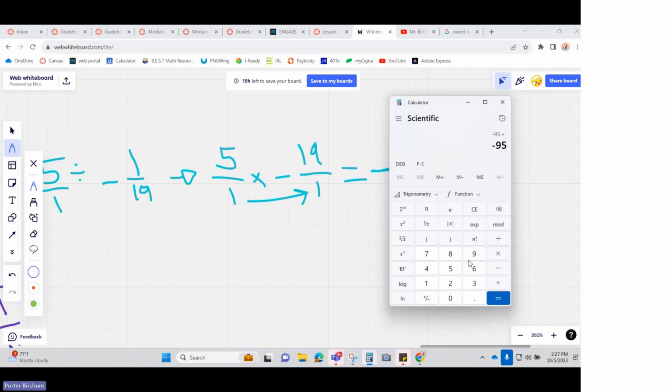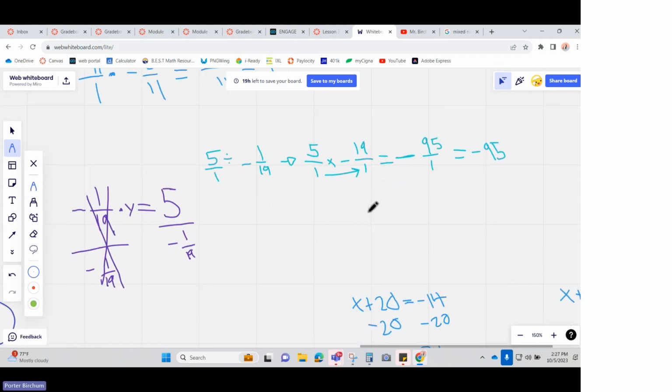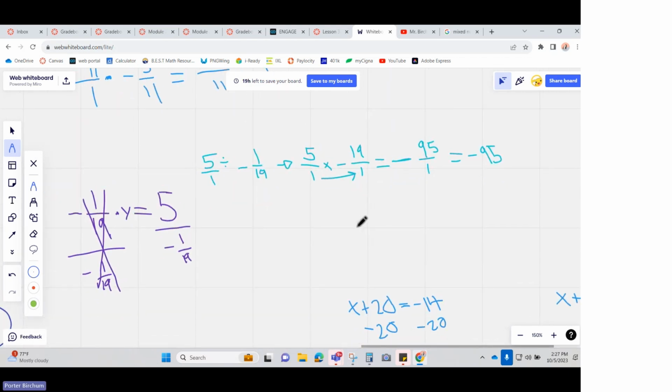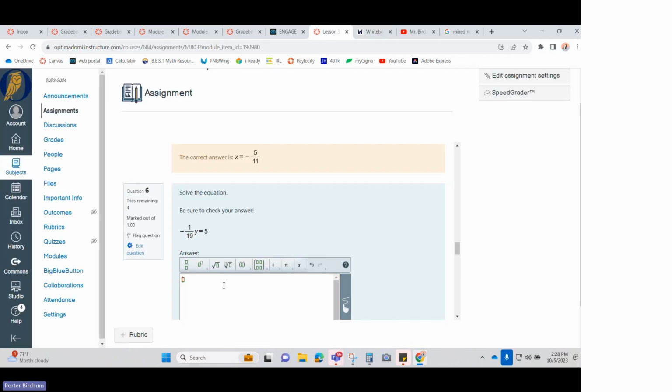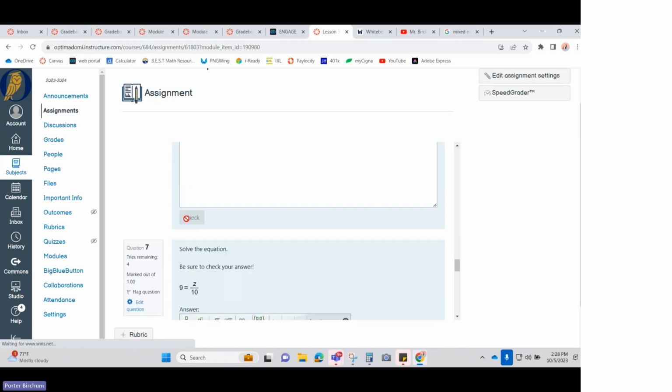Negative 95 divided by 1, negative 95. So it looks like that is our answer. Y equals negative 95. Check.